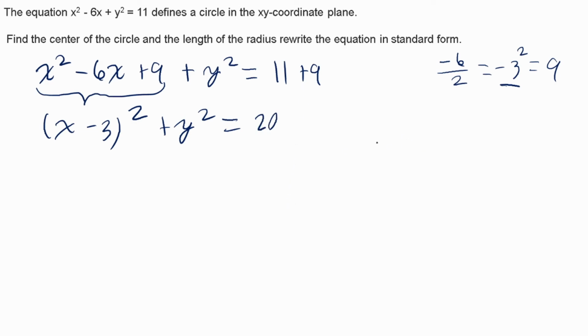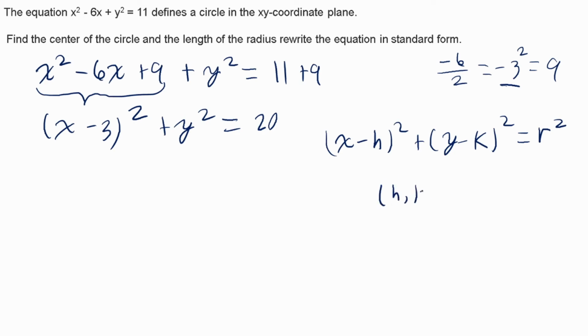Now, if we remember our standard formula, it's x minus h squared plus y minus k squared equals r squared, which means that my center is h comma k. So here we have an h, which is 3, and since it's negative already, that means we take the opposite, and we're going to have 3, comma, and we don't have anything with my y, which means that's going to be 0.